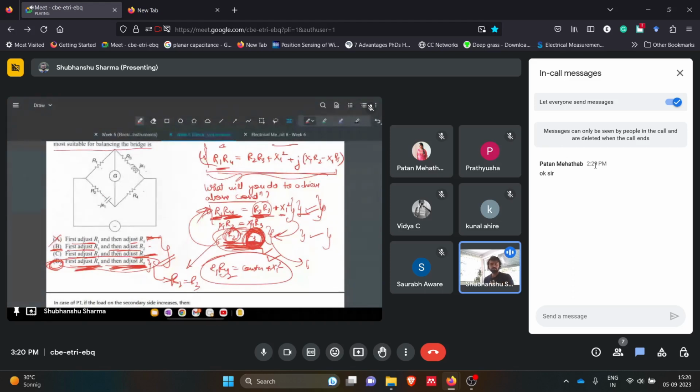In this case, with two adjustments, you get the imaginary balance condition and the balance condition for the real part. So basically, you were able to adjust three or four parameters by just adjusting two parameters. So think in that manner for these types of questions.